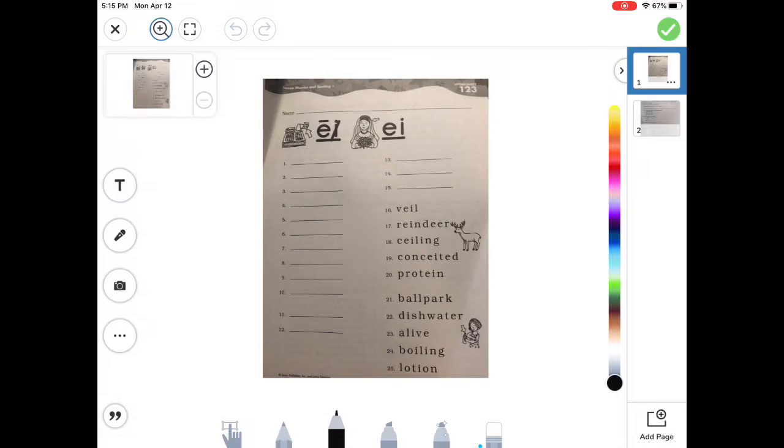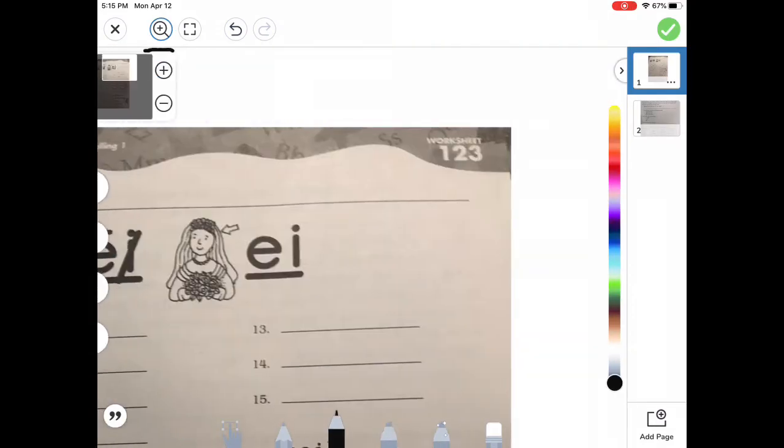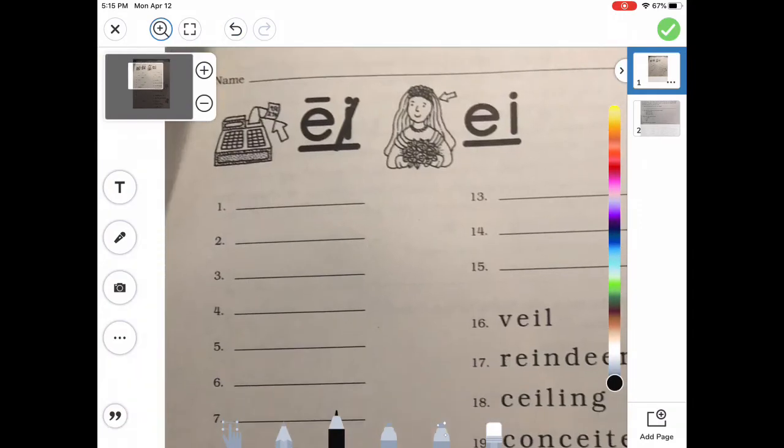So let's go ahead and start with some of our spelling sounds. If I want to spell the sound E, how can I make the E sound when I'm spelling? I can say E-E or E, and then ending, remember, E-E or Y, and now we also have E-Y like in key.